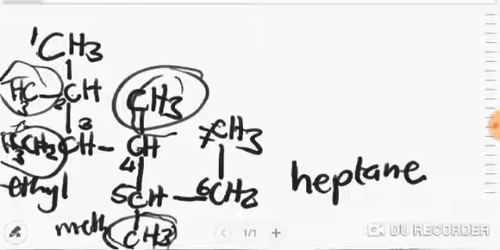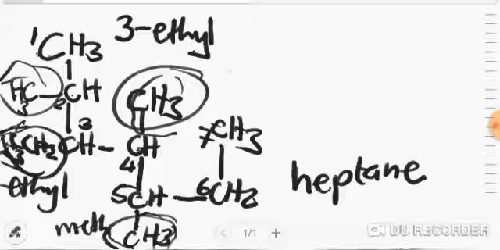Because we name the substituents in alphabetical order, we'll start with ethyl. Ethyl on position number 3. So when we write the name, we'll say 3-ethyl, and then we put the hyphen.